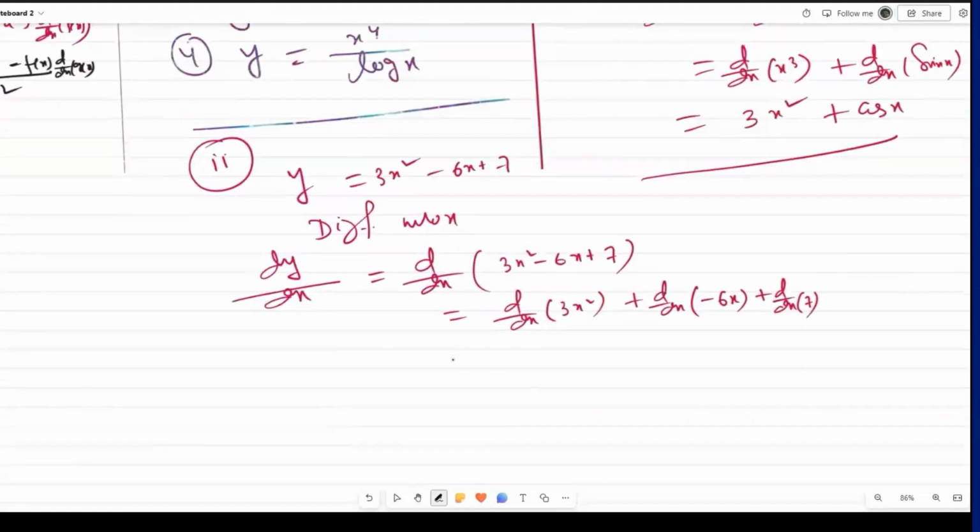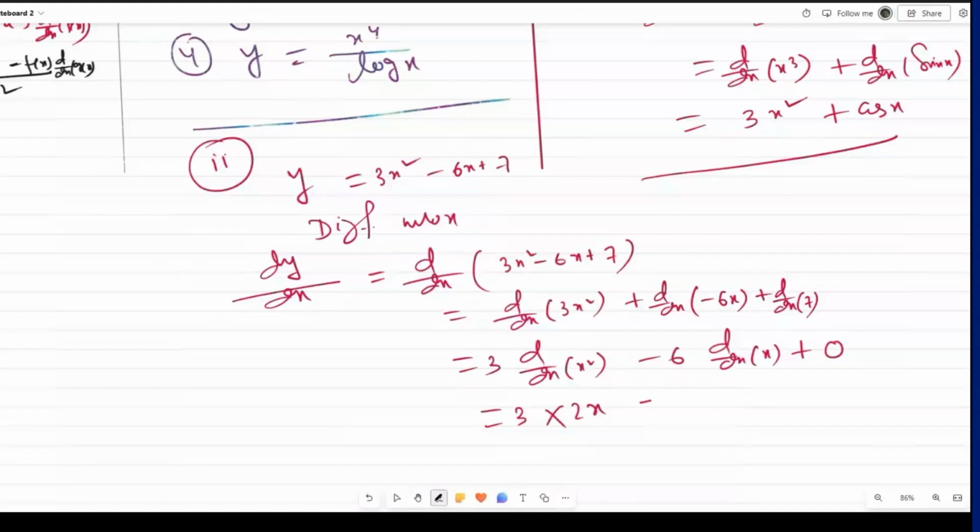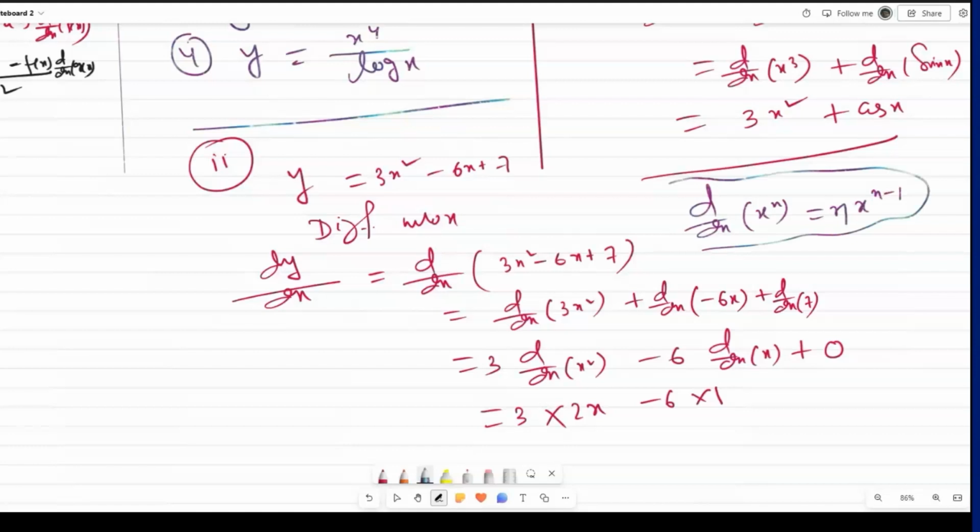So this one, when you write, 3 comes outside, d/dx of x squared, constant derivative is 0. X squared derivative will be 2x. X derivative will be 1. Why? Because the formula we got, d/dx of x to the power n is n x to the power n minus 1.